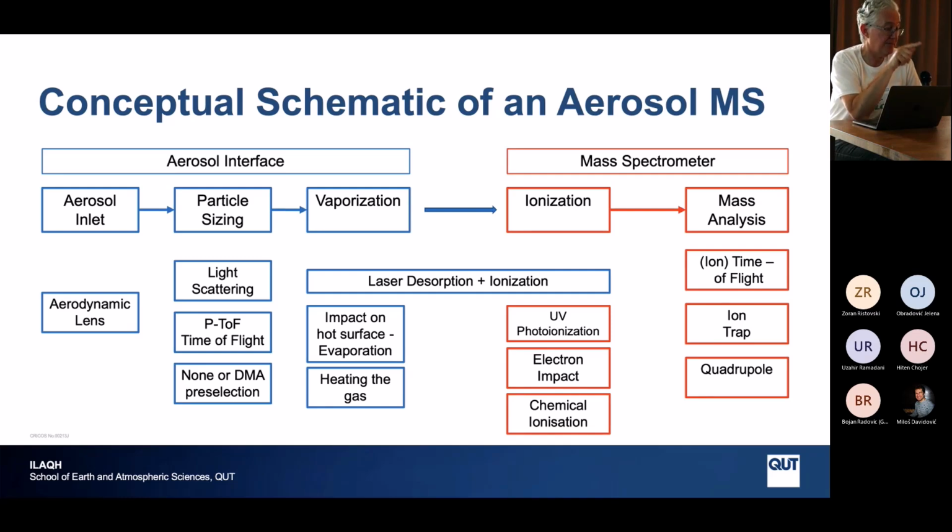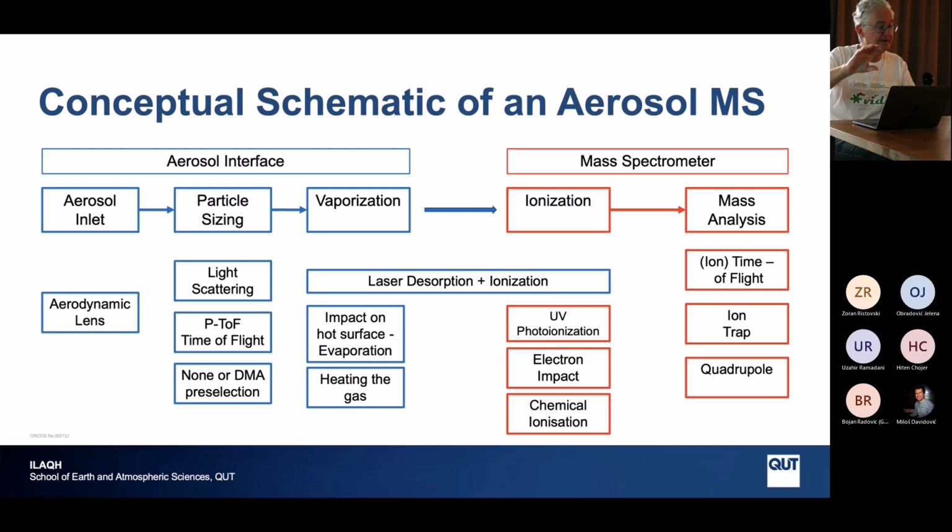You know when the particles enter the chamber, and you measure them again after they have passed 1, 2 centimeters, half a meter, and from that time of flight you estimate the size of the particle. Or you can put a classifying device in front of the instrument and select a certain particle size.